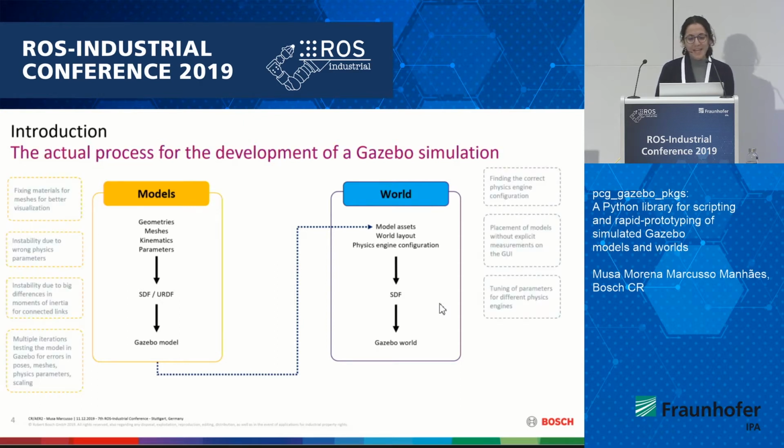But the thing is that a developed simulation is very complex. Very often the simulation itself is not the end goal of your application, right? You want to use the simulation to test your algorithms, but it's not the final target for whatever you're developing. So very often people don't have that much experience building simulations, so they might run into many issues that I listed there.